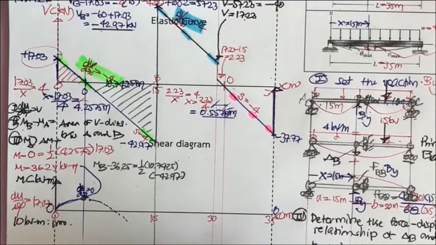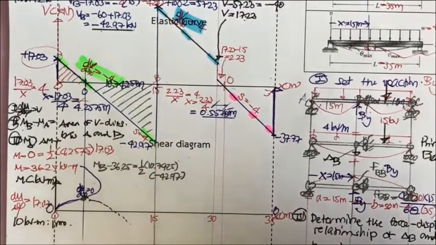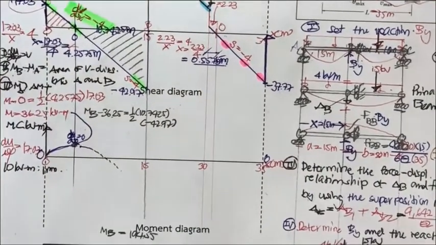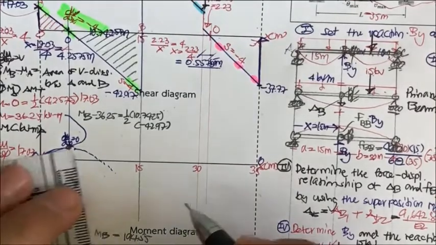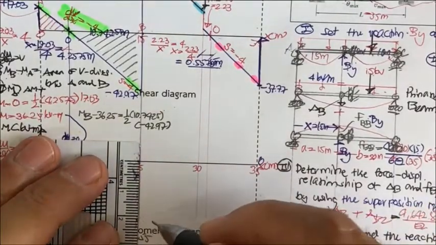So your m sub b from here is going to be equal to 194.55. Okay, and that is going to take about 2 centimeter, close to 19.